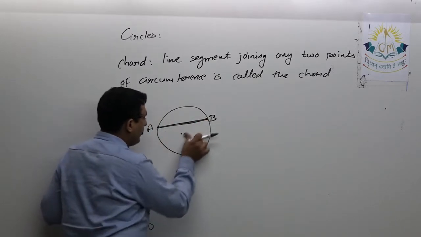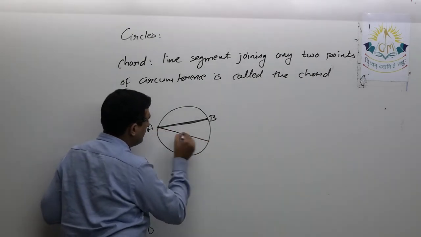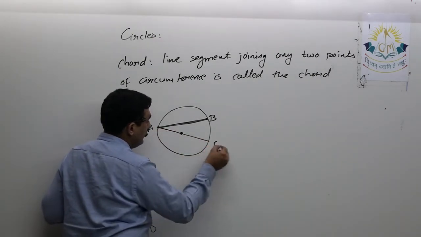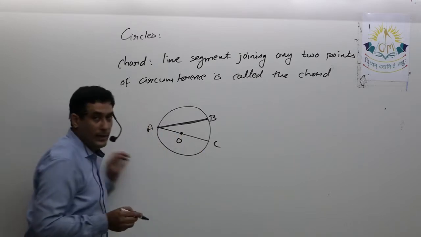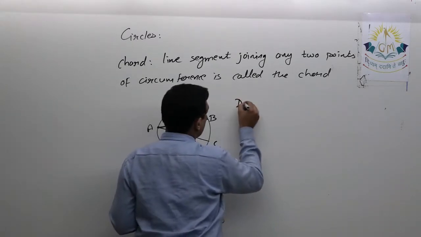Now, if I draw a chord which passes through the center of the circle, then this chord is called the diameter. So next is diameter.